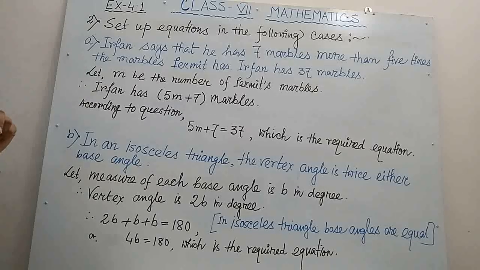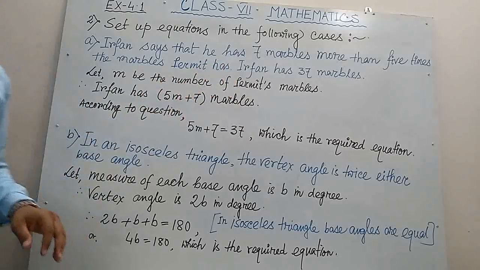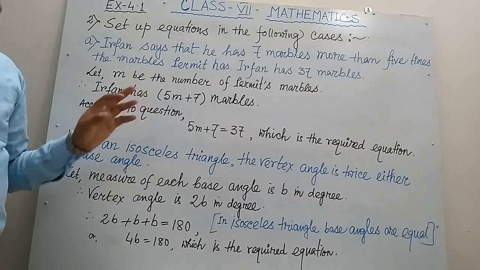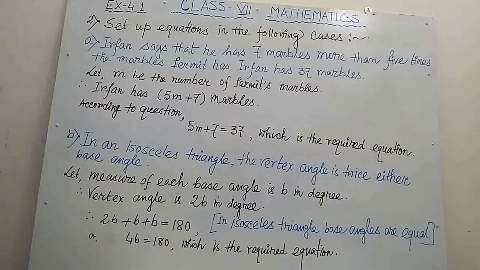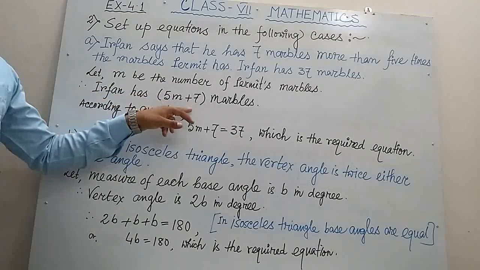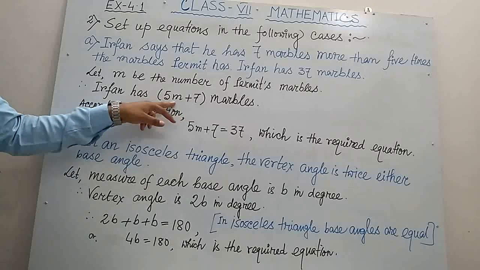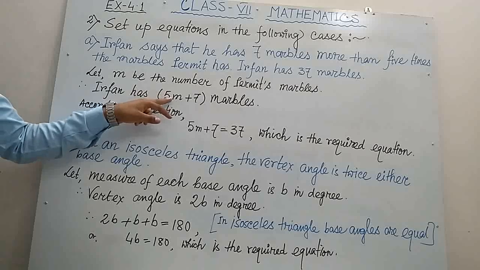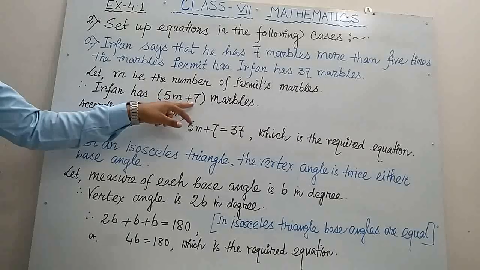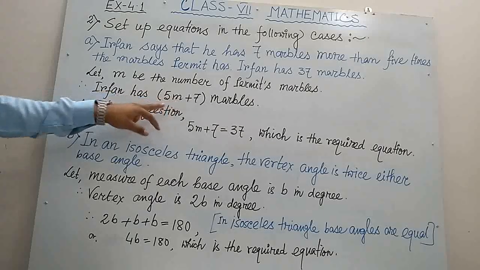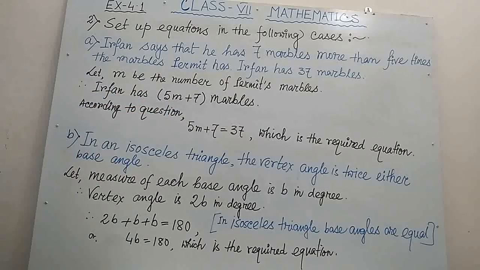So let m be the number of Parmeet's marbles. Irfan says that he has 7 marbles more than 5 times the marbles Parmeet has. That is, Irfan has 5m plus 7 marbles.